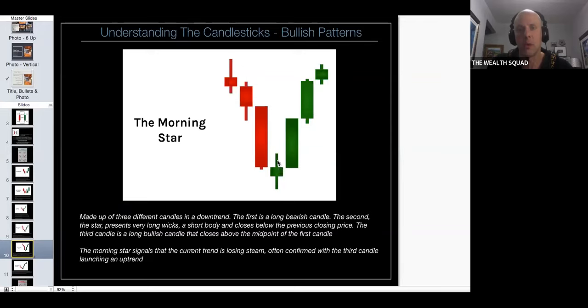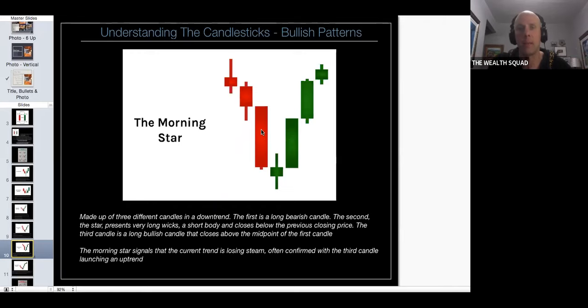So it closes below, it's sort of at the midway point, which you think about the midway point, right? In the middle of anything, in the middle of a piano, you've got middle C. In the middle of a race, you're halfway there, right? So it's that neutral point of being halfway. It's sort of on the fence of things, and so you wait for that confirmation. And the third candle is that long bullish candle that closes above the midway point of the first candle, right?